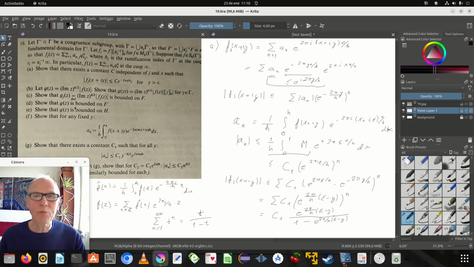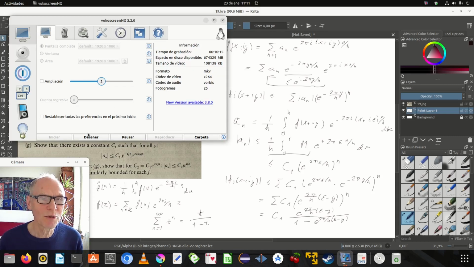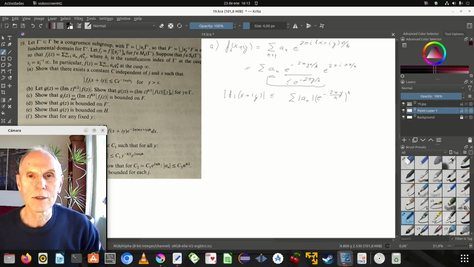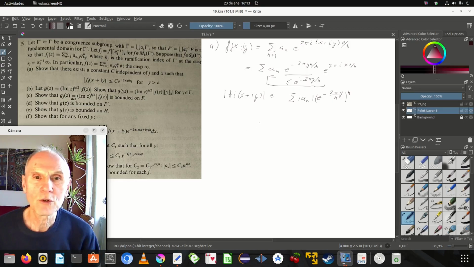I'll just write it on paper because I get confused with the new notation here, and these guys, which are the ones we want to show are bounded. So I'll just do it by hand and then show the result, just to show you how to do part A.